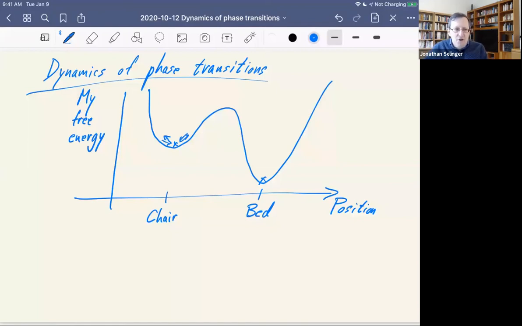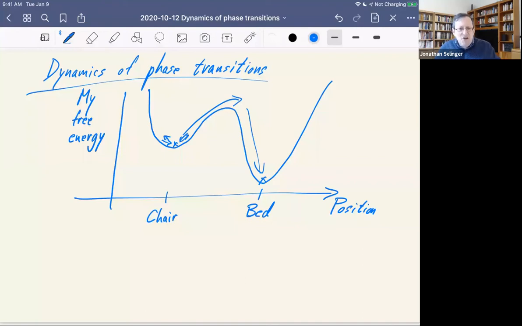Okay, so I am not going to be able to get from the chair to the bed by means of small fluctuations, right? What I need is for some big kick to knock me all the way out of the chair, right? Knock me somewhere like that, and then I can fall that way into the bed. Okay.